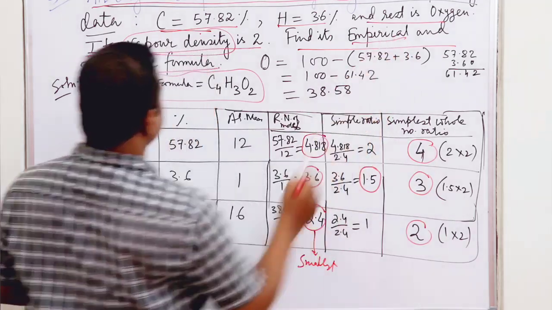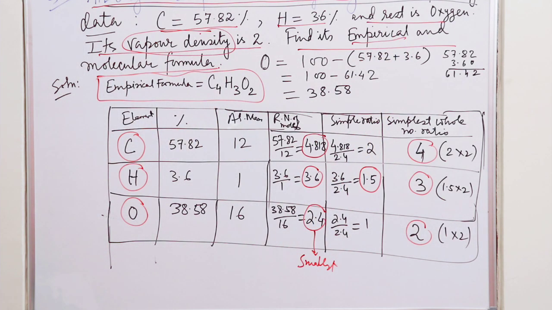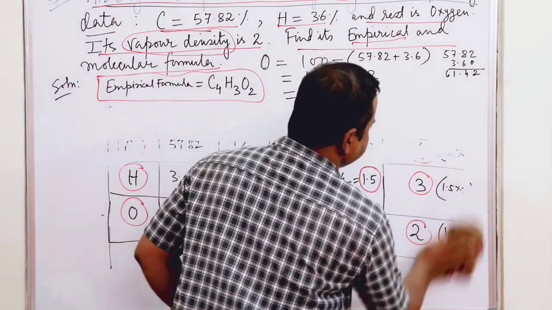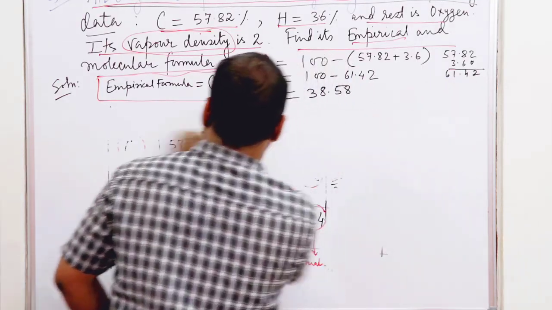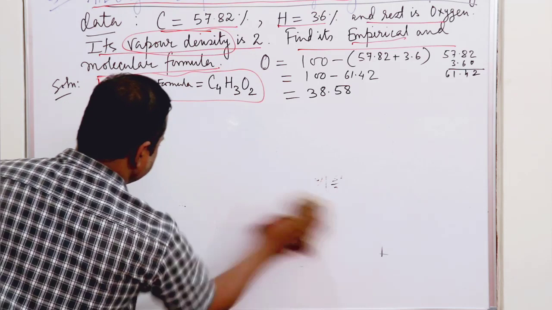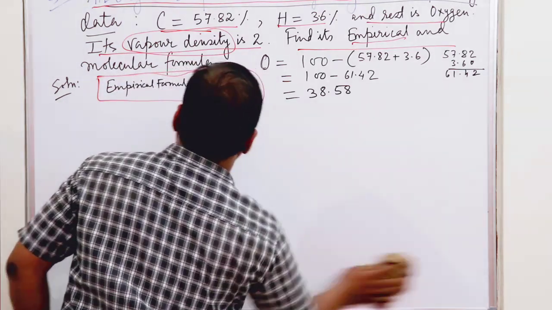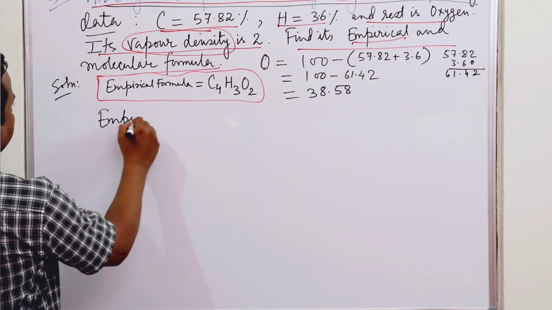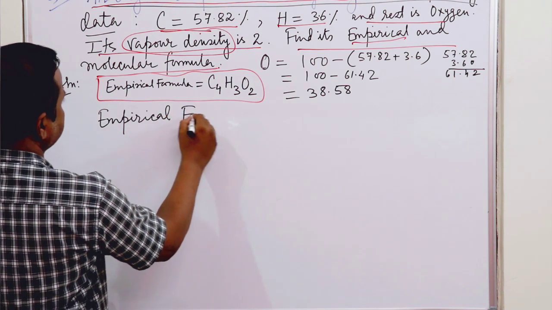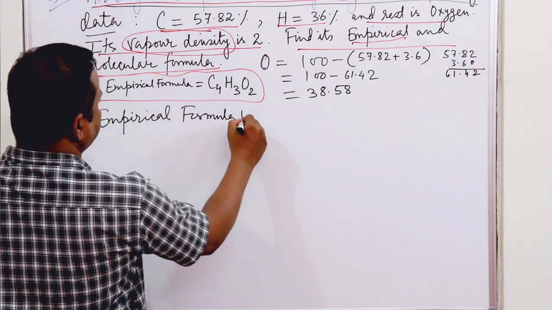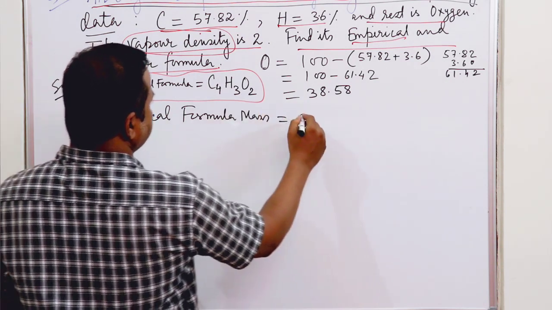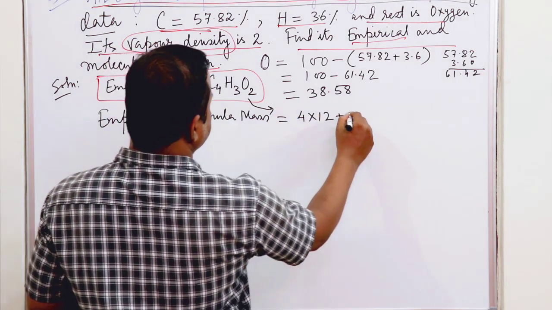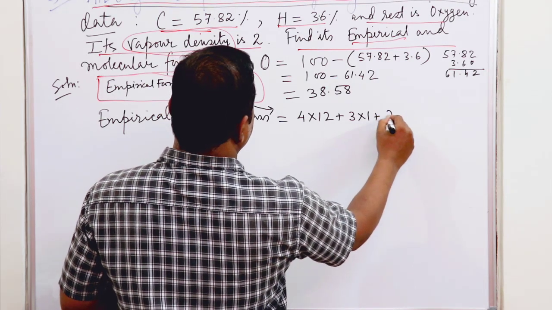First part we have calculated. Now we have to calculate the rest. For that I have to rub this out. Now we have to calculate the empirical formula mass from this empirical formula: 4 into 12 plus 3 into 1 plus 2 into 16.